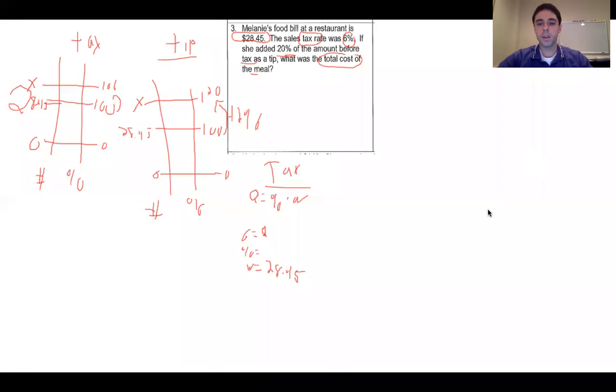Right. Both are correct. However, why might we want to use 6% here instead of 106%?